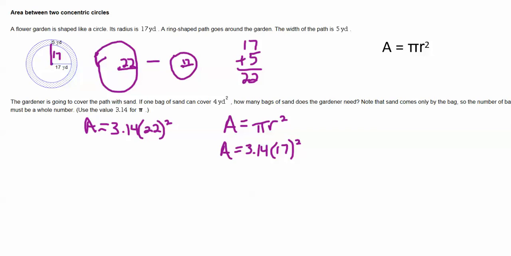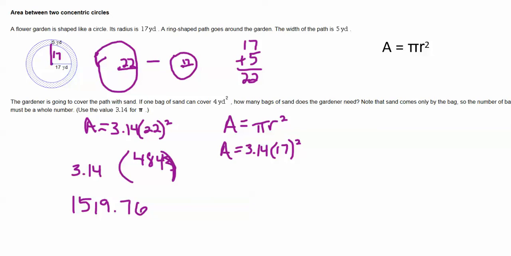Now we're going to solve 22 squared using your calculator. 22 times 22 is 484. And we're going to take that times 3.14. And that gives us 1519.76.